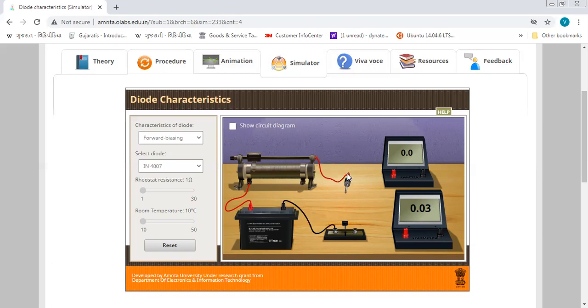This is the positive terminal of the PN junction diode. This is the voltmeter and this is the ammeter. So we will connect the positive terminal of the voltmeter to the positive terminal of the rheostat.